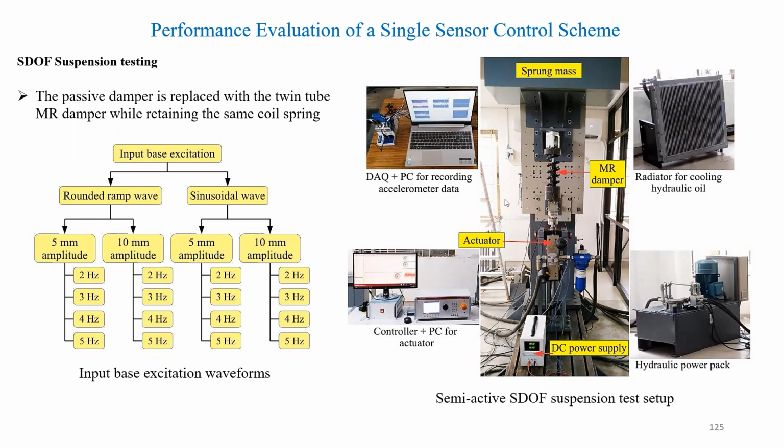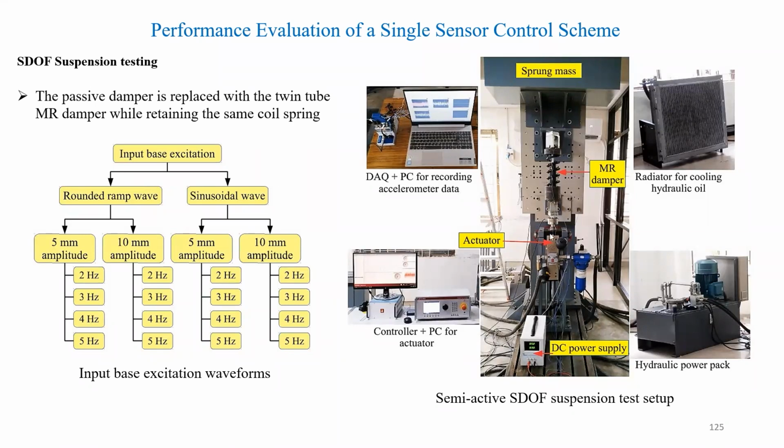So that is how this single sensor control system setup is. This is again a damper, and then some actuation is given by a controller, and this is moved, and then NI DAQ is used to take the readings. They have used this accelerometer to calculate this. This hydraulic power pack, as I told, is one motor and a pump, and this will pump, and this is the inlet.